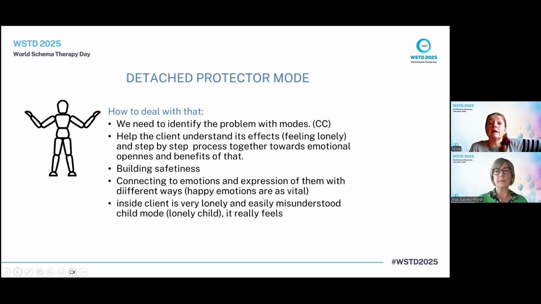We need to help the client really understand its effects, also the lonely child mode, and we need to help her understand the step-by-step process together towards emotional openness and the benefits of that. We need to build safety. And we need to connect to emotions and expressions of them in different ways. And happy emotions are also vital.